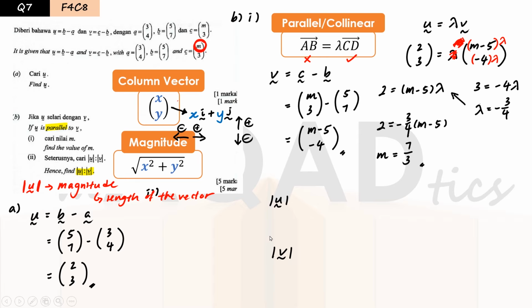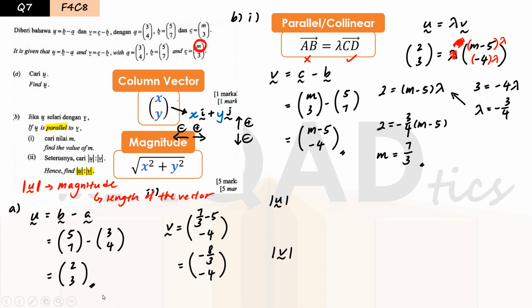But first, for vector v, we still don't have the final vector yet, because we still haven't substituted the value of m inside the vector here. So let's do that. Here we substitute 7 over 3. Once we simplify, it would be negative 8 over 3 and negative 4.